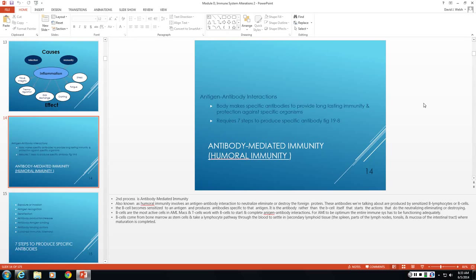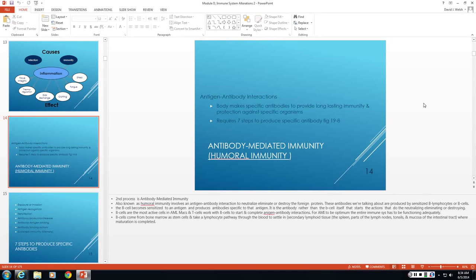Now these antibodies we're talking about are produced by sensitized B lymphocytes or B cells. And the B cell becomes sensitized to antigen and produces antibodies specific to the antigen. Now, it's the antibody rather than the B cell itself that starts the actions that do the neutralizing, eliminating, or destroying.